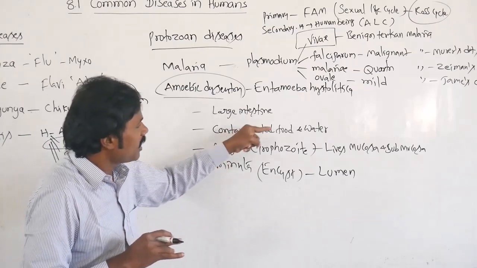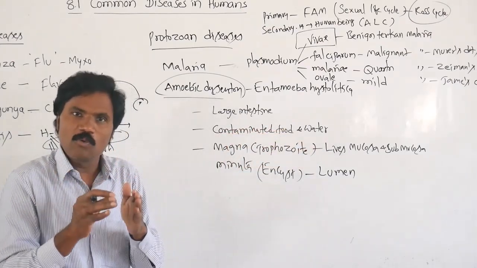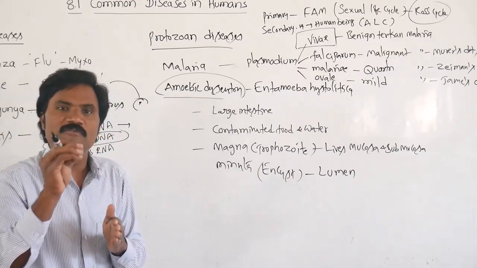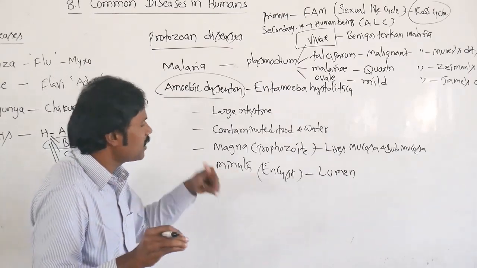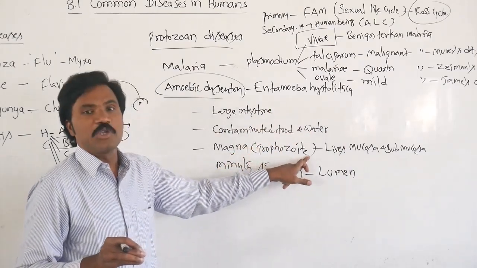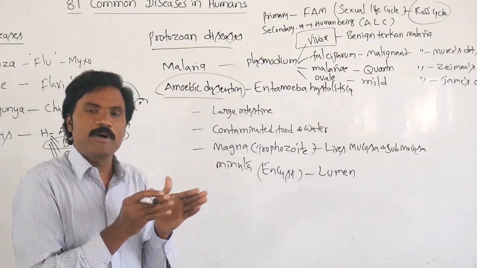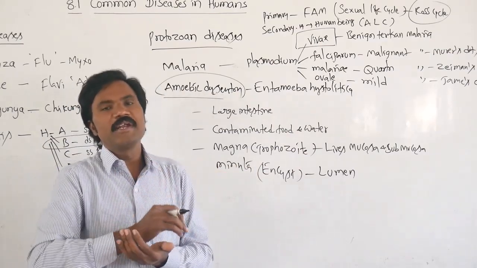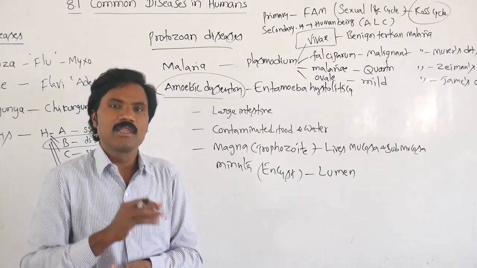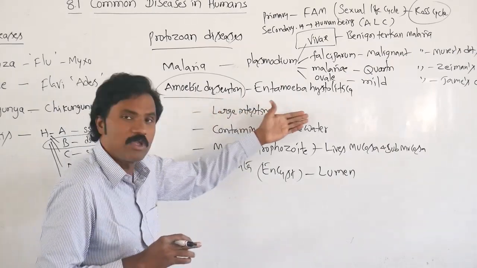So whenever they ask the question, what is the infective stage of Entamoeba histolytica, you should not write the magna or adult trophozoite stage. The infective stage is the tetranucleated, that means quadrinucleated, cyst stage, acquired by contaminated food and water.